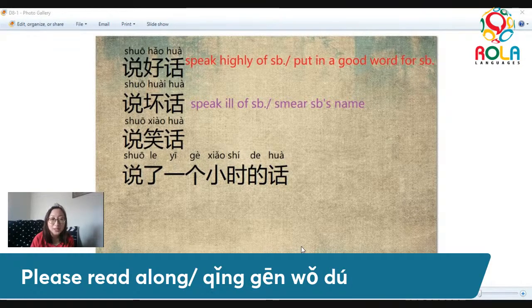Okay, and the next one, 说笑话. So I'm not sure everybody has learned what 笑 is, but if you haven't, no problem. We're going to quickly talk about 笑 as a verb. It means to laugh. So first, let's ignore the verb part for a second, and see what 笑话 is. 笑话 is a speech, as in we just established 话 means speech.